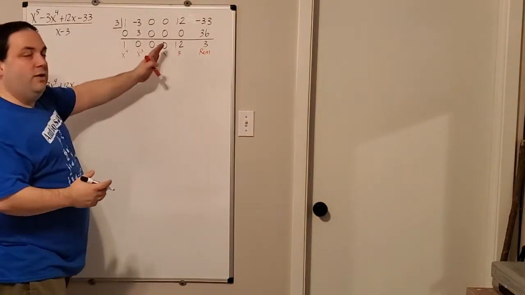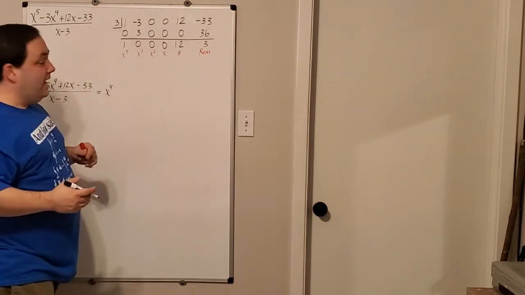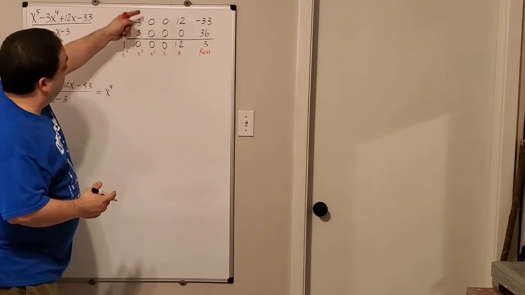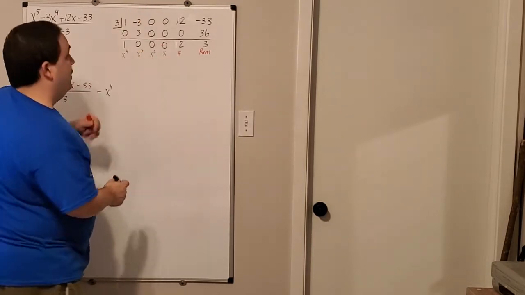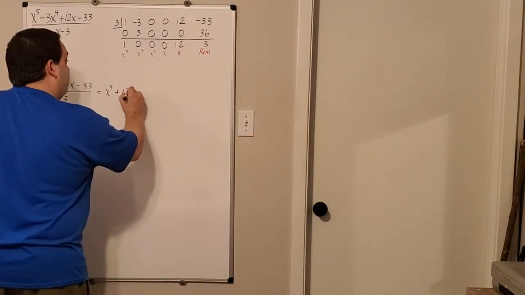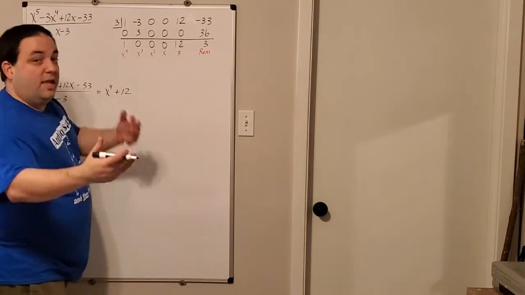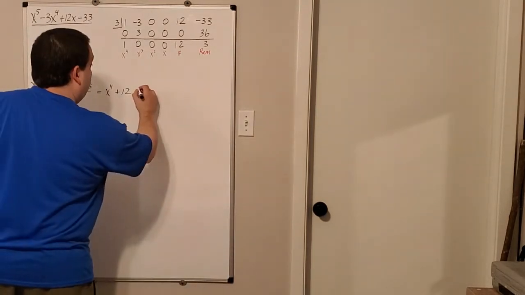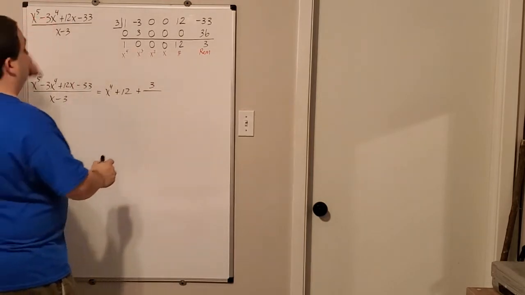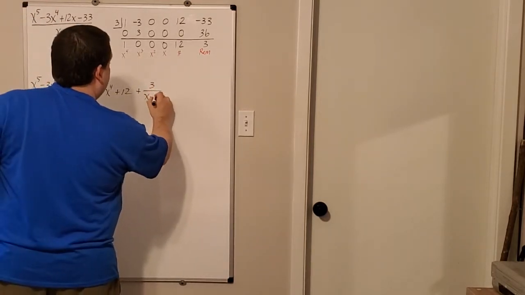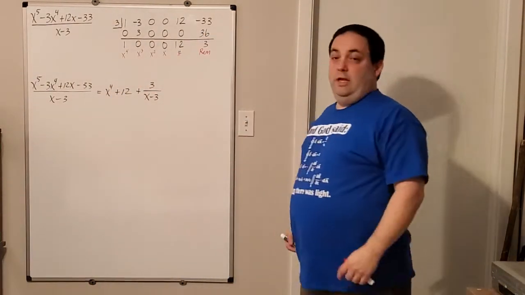We keep the columns in the division, sure, to keep track of that, but I don't really need to write it in the answer. I have no x to the 3's, no x to the 2, no x to the 1 power, but I do have a 12 number. So I put plus 12, and then I have a 3 remainder. So don't forget, the way we handle remainders is like mixed numbers. I'm going to put plus the 3 remainder divided by the original divisor, x minus 3. Right? So there's my synthetic division completion there.